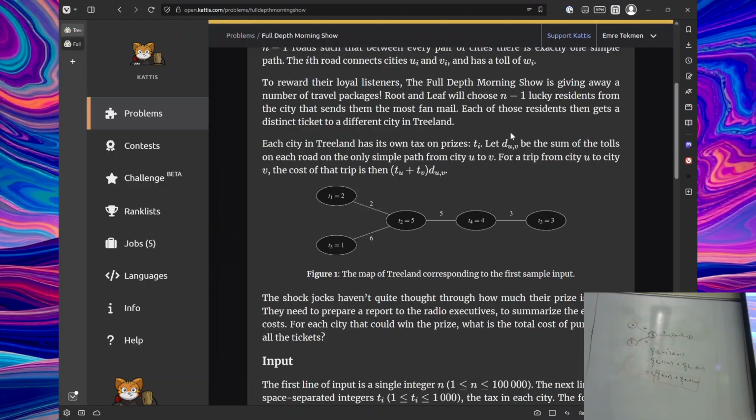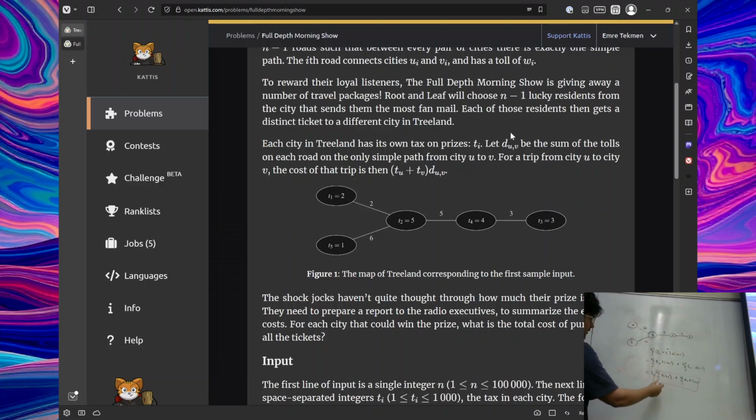So naively, you would think, okay, for each u, I just perform this computation. Let's say there are n nodes and n minus 1 edges, and you can pre-compute these distances.